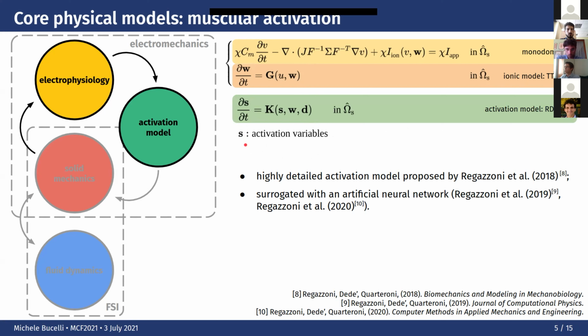To this end, we rely on a highly detailed model that was proposed by Francesco Regazzoni and co-workers. I say highly detailed in the sense that it involves an accurate description of phenomena that happen at the subcellular scale. Due to its complexity, the model is surrogated by means of an artificial neural network, which reduces its computational cost. This again was proposed and implemented by Francesco Regazzoni and co-workers.